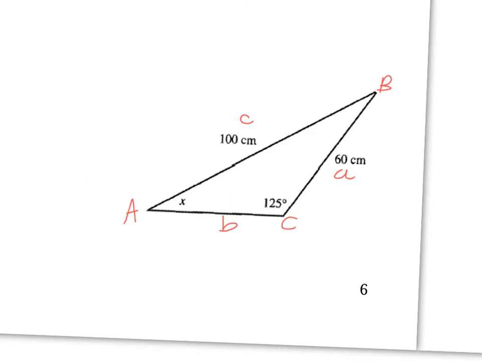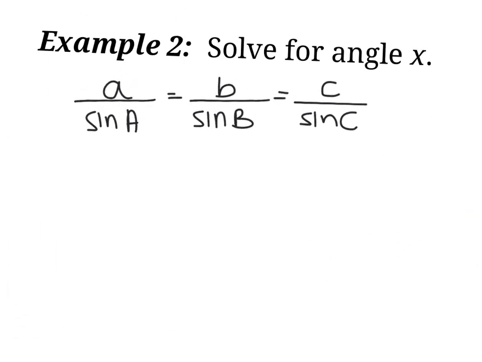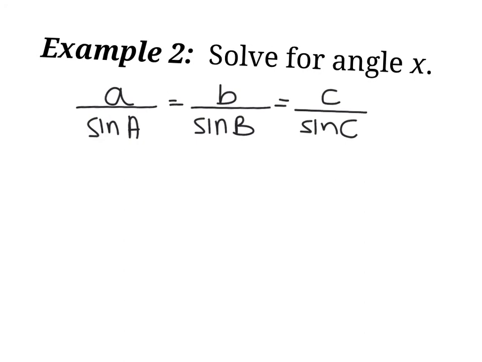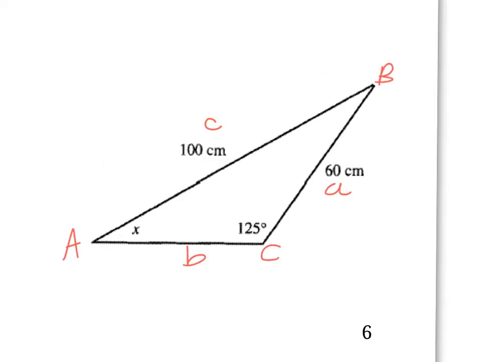So when we fill it in, we're going to say our side A is 60 centimeters. Instead of A, we can put angle X equals, let's do the same thing for B and C. For B, we don't have side B and we don't have angle B, but we do have side C, it's 100, and angle C, it's 125.